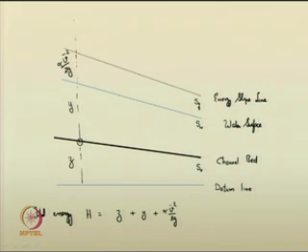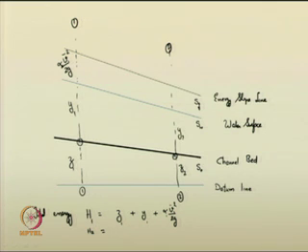So, if I consider this as section 1, then the energy at section 1 is H1 equal to Z1 plus Y1 plus alpha 1 V1 squared by 2g. Similarly, for another section 2, if the bed of that section is at an elevation Z2 from the datum line, then I can easily write H2 is equal to Z2 plus Y2 plus alpha 2 V2 squared by 2g.